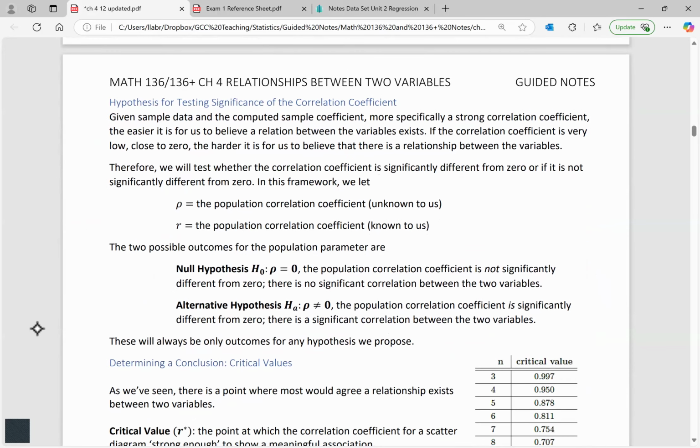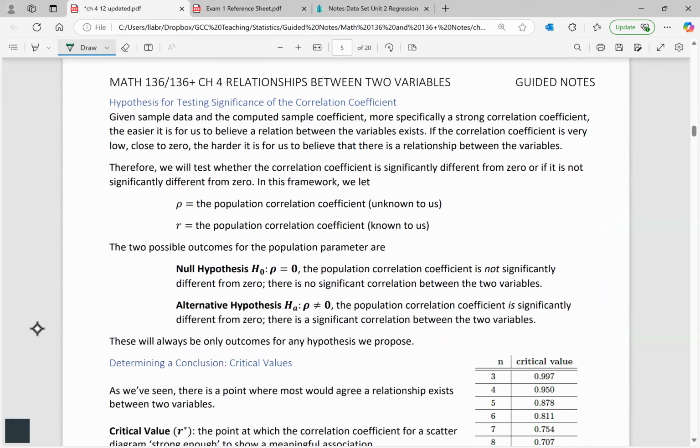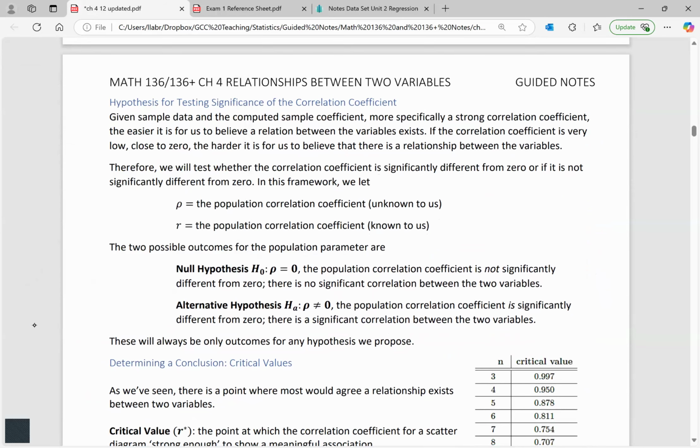So what I've been describing is a hypothesis test for the significance of the correlation coefficient. And as I've already said, rho is the population correlation coefficient. It's unknown to us. It's derived from the population. And what we want to recognize is that when I take a sample, the sample correlation, oh, this is wrong.